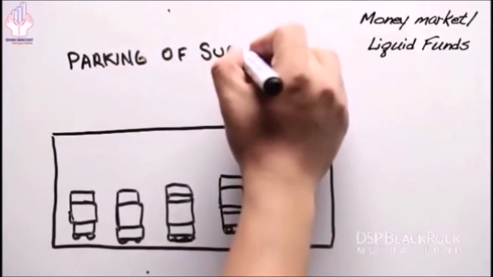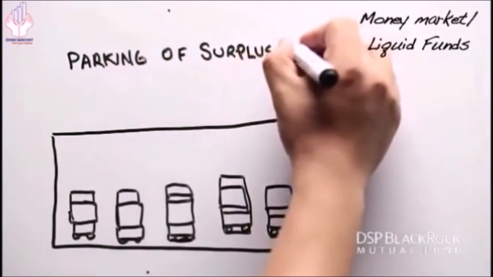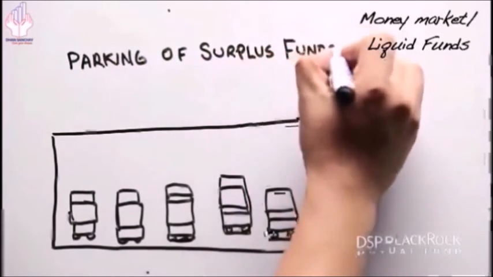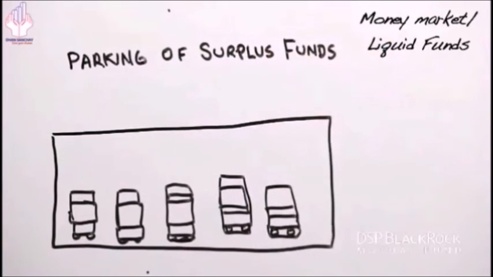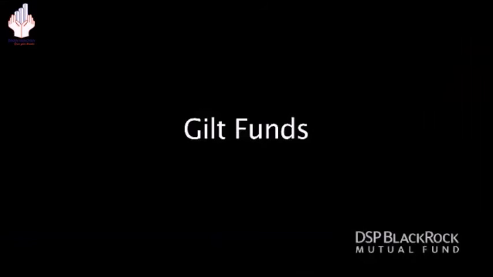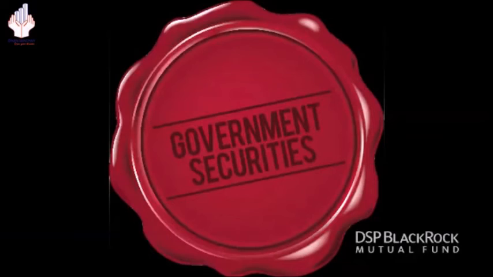These funds are appropriate for corporate and individual investors as a means to park their surplus funds for short periods of time. Gilt funds. These funds invest exclusively in government securities.